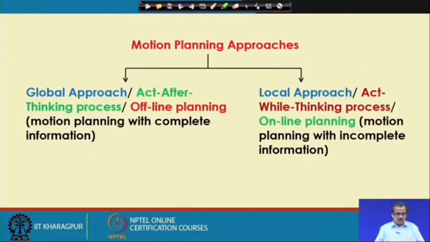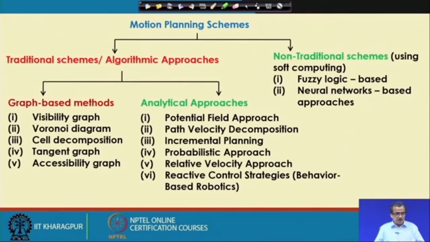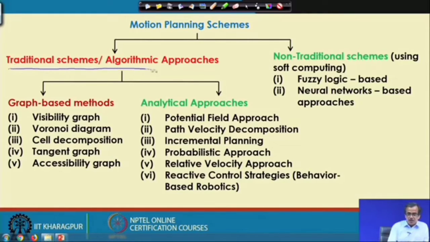Now, let us start with the motion planning scheme. If you see the motion planning schemes, those are broadly classified into two groups. One is called the traditional schemes or the algorithmic approaches, and we have got the non-traditional schemes using the principle of soft computing.